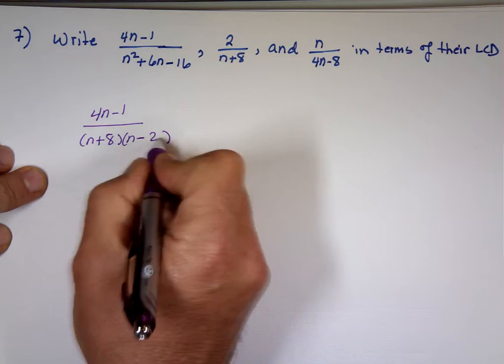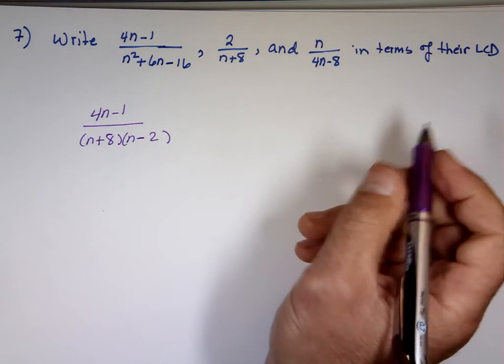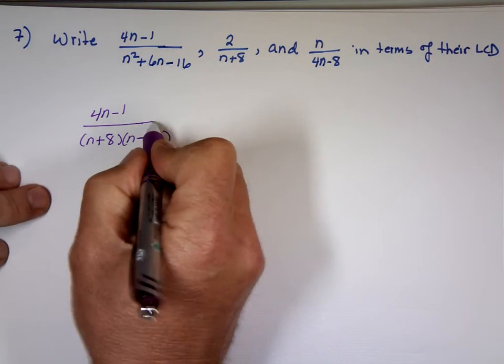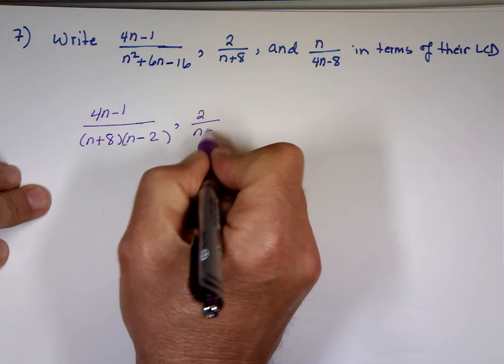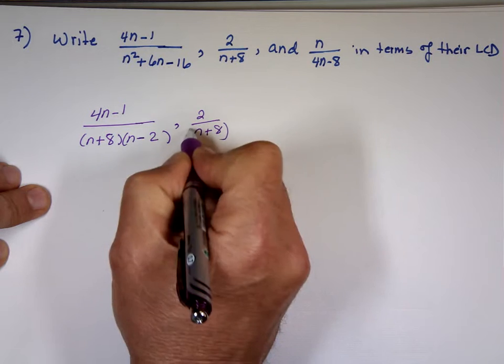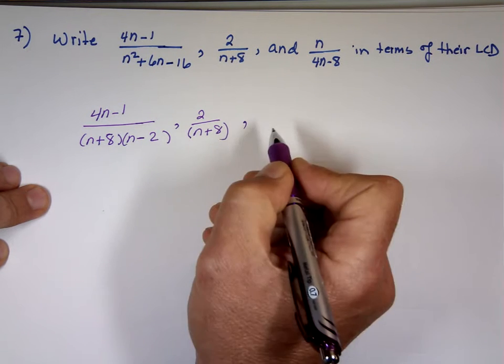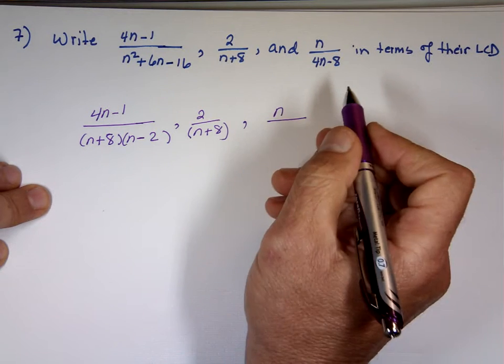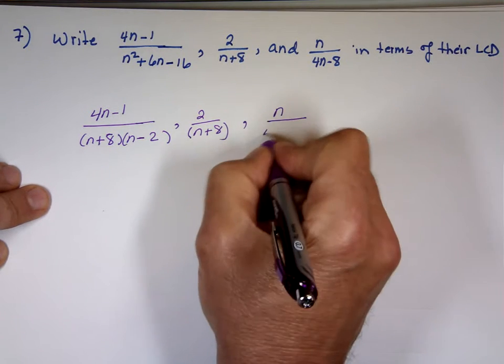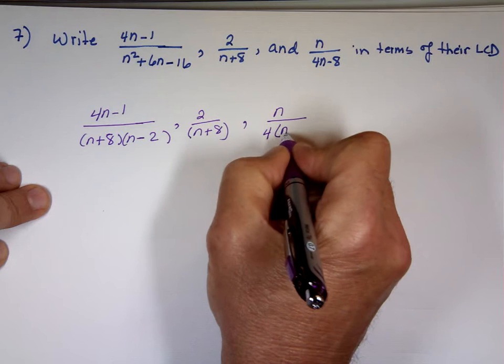Plus 8 minus 2. When you add them, that's a 6. Second one, no change to it. Third one, I can factor out a 4. If I factor a 4, what's left? N minus 2.